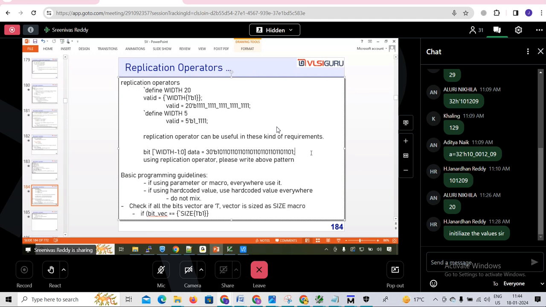What is happening? Tell me. 1 0 1 0 1 is replicated. How many times? 1 0 1 means 3 bits. What is the size of this vector? 30. So how many times replication? 10 times. Can you write that?